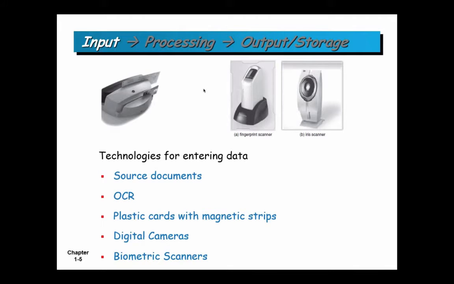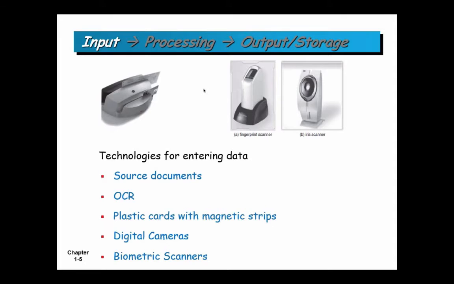Or, I play a lot of golf, the range finder, the laser that tells you how far away you are from something. That's an input device. And then you have audio devices, like a microphone is an input device. So those are kind of the categories.